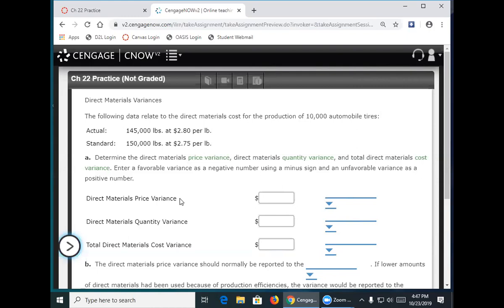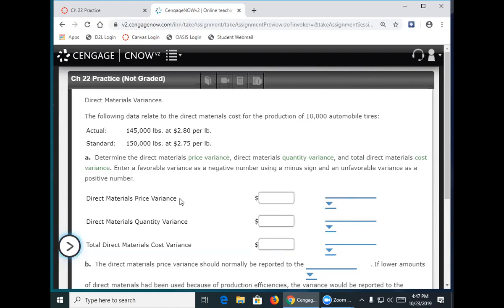So how do we do direct materials price variance? Again, you have your formula on your notes. For the direct materials price variance, we always take the actual price, which is $2.80, minus the standard price, $2.75. So actual minus standard, and then we multiply it by our actual quantity, which was 145,000 pounds.